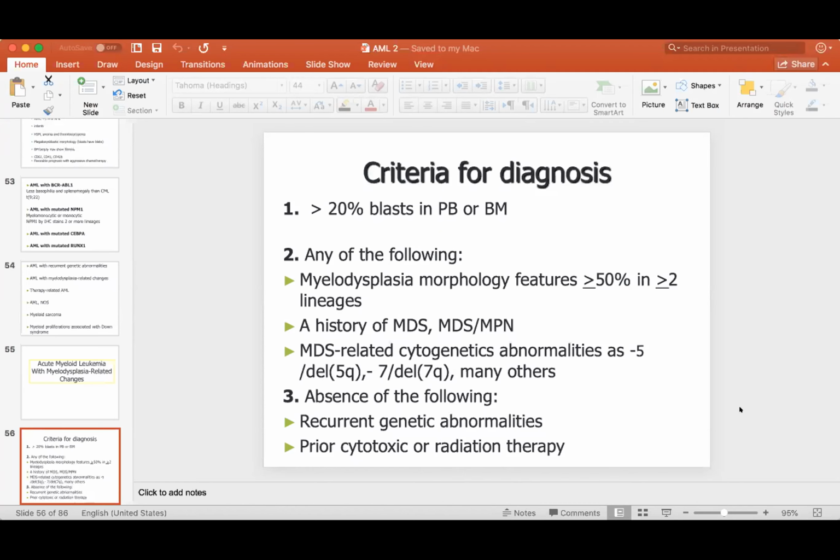Or you might have a documented history of MDS or myelodysplastic syndrome/myeloproliferative neoplasm. Or you might have one of the cytogenetic abnormalities commonly seen in MDS, including deletion 5q or monosomy 5 or monosomy 7, and other types. So if you don't have these criteria, you can't call it AML-MRC.